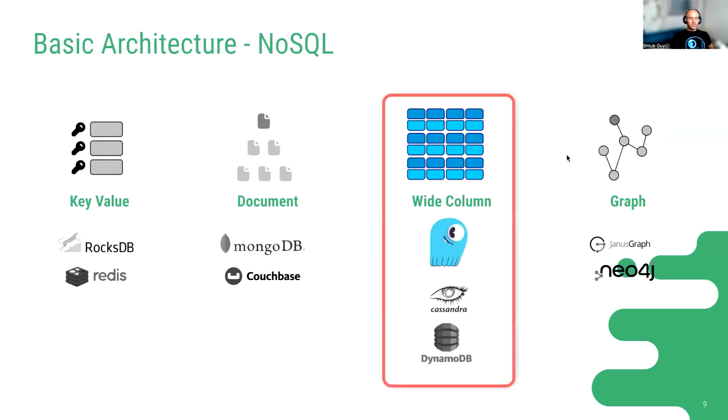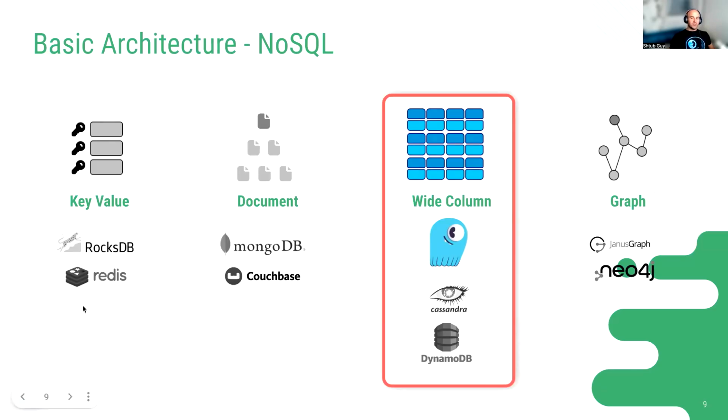Okay, another way to look at it is if we look at NoSQL databases according to the data model. I classified it here, maybe in a simple manner, into 4 different types of data model, going from the most simple to the most complex.